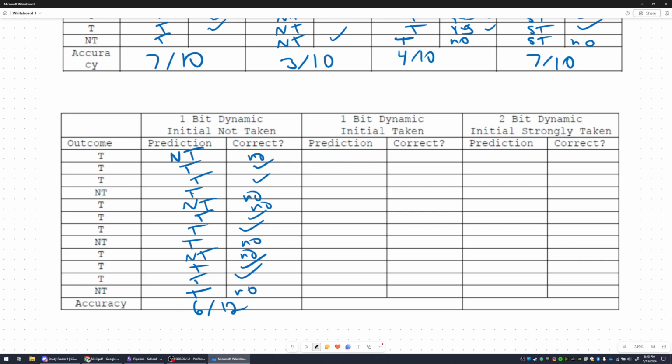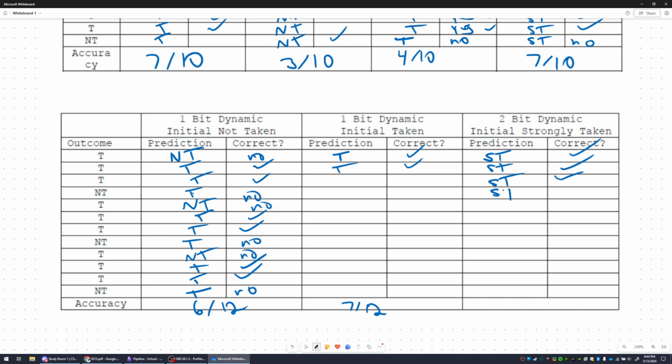For this one, it's dynamic initially taken. Is it correct? Yes. So the rest of this will be the same as that. So it's just going to be 7 out of 12, because it's going to be correct initially. So one more correct. And then for this one, initially strongly taken. Is it correct? Yes. Strongly taken. Yes. Yes.